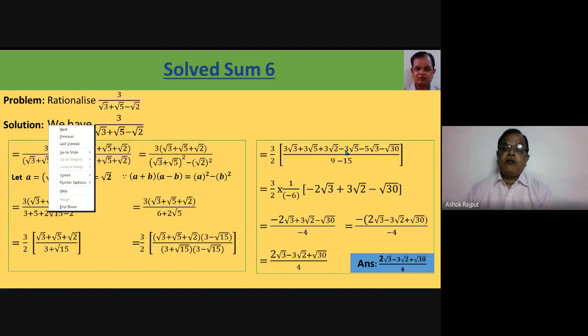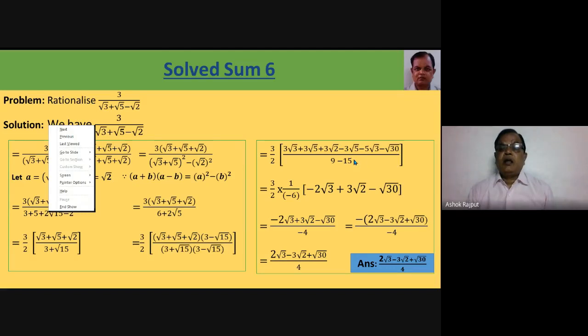After multiplying, we get here 3 minus 3 under root 5 minus 5 under root 3 minus under root 30. After that, if it is possible to cancel any term, we will cancel it. If it is not possible, we will simplify.